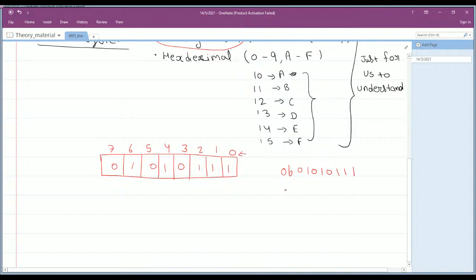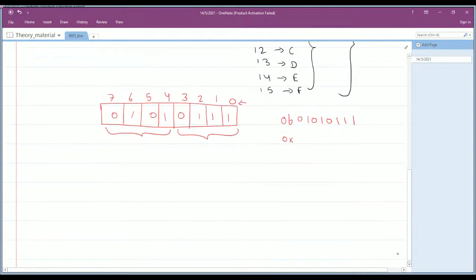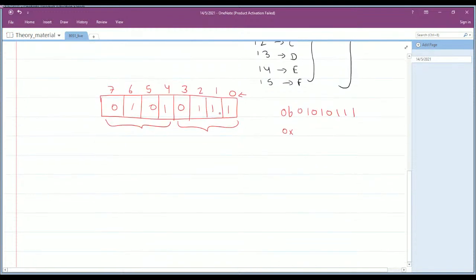If we try to write in hexadecimal, we can create a combination of 4 bits. That is a very short one. So this is 0 1 1 1. What is the decimal equivalent of this 0 1 1 1?